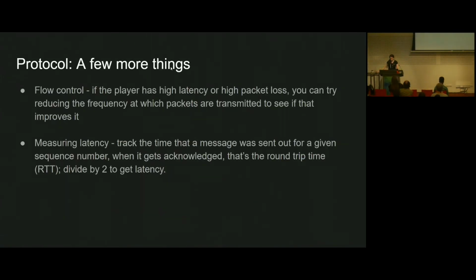Cool. A few more things that you'll probably need to deal with. Flow control: if a player has high latency or high packet loss, what you can try is reducing the send rate of packets. This is a scenario where either the player's bandwidth or the bandwidth of the routers they are connected to limits the amount of bandwidth.